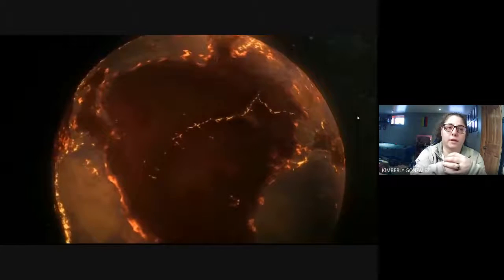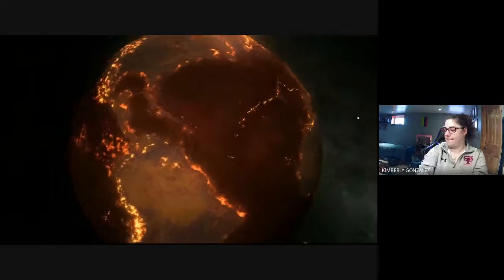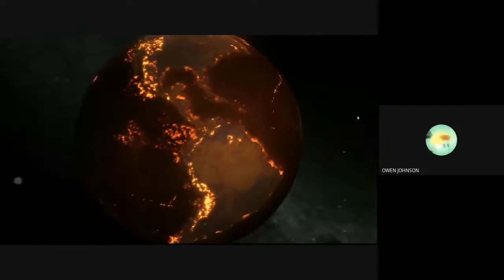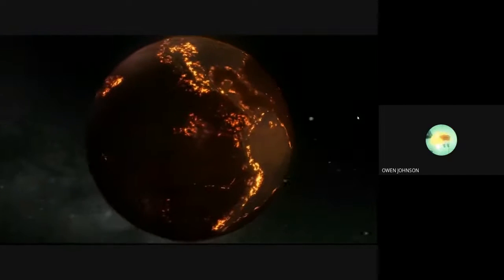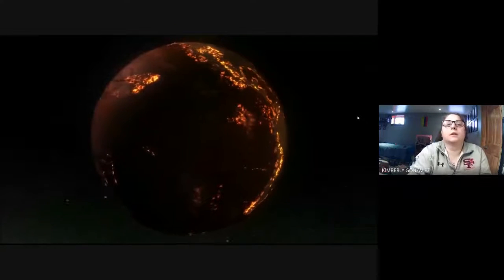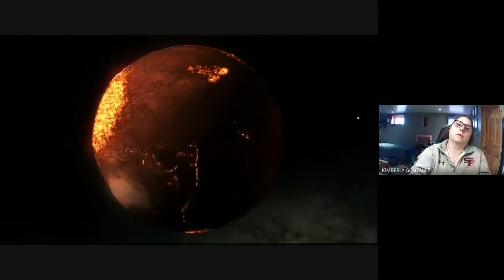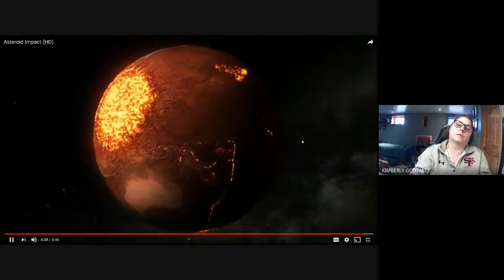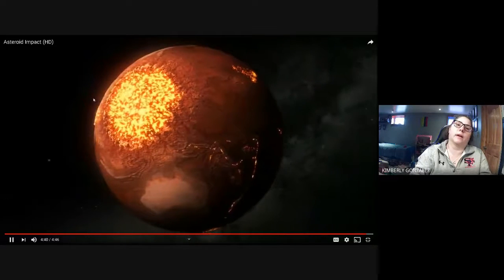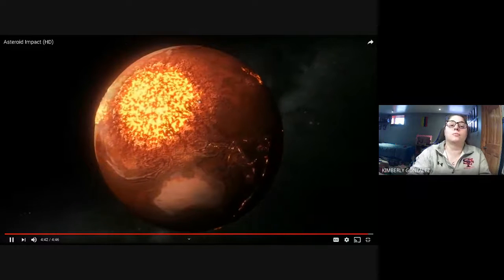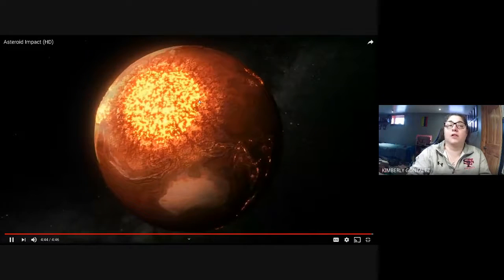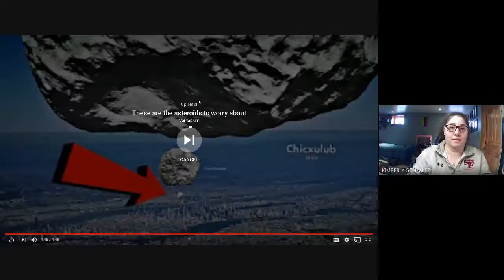It's crazy, right? Yeah, it's very crazy. There's South America, and there's Australia, and that's where the original impact was. Notice how much smaller that is than the Earth itself, but it's a catastrophic event.